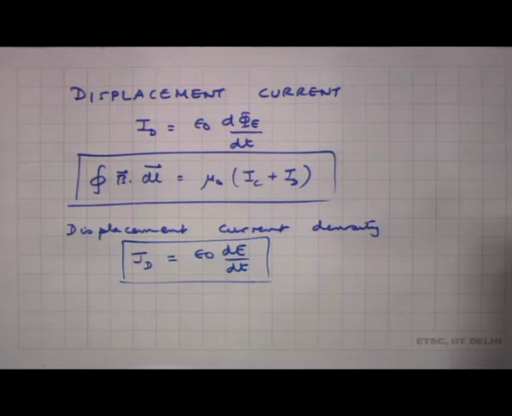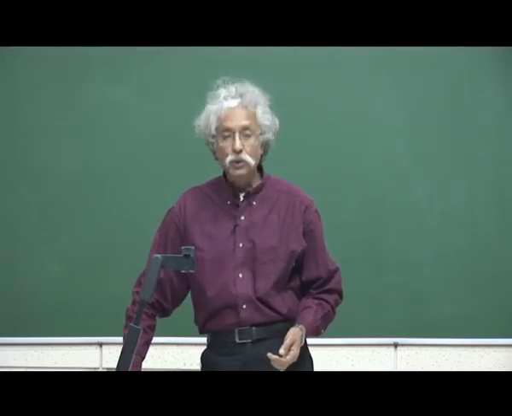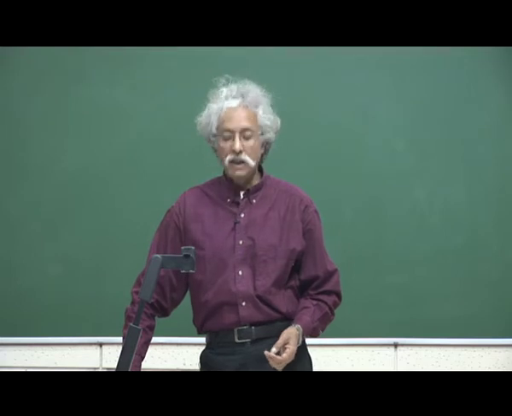So, this is the displacement current per unit area perpendicular to the area, and that is called the displacement current density. Just like the conduction current density, we have a displacement current density J d, equal to epsilon 0 d by dt of the electric field at that point.